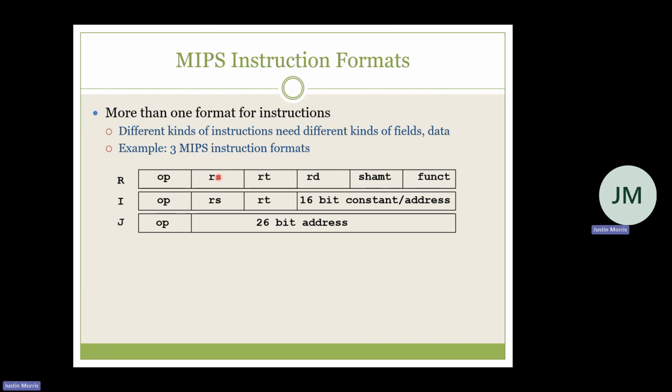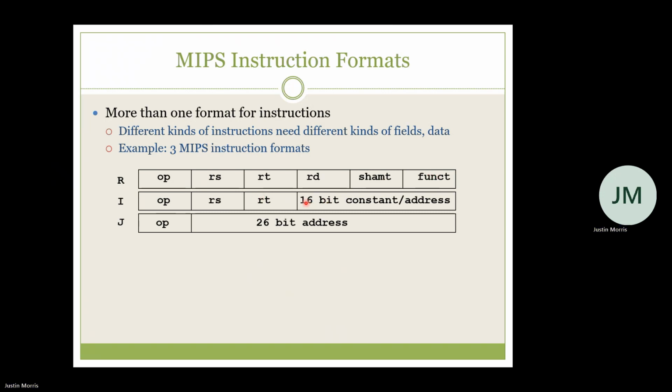And then we have more uniformity, like between the R and I type. We have RS and RT also in the same field, the same place. And then we have RD because we need a 3rd register for R types. Shamt is the shift amount for shifting. And again, funct code is to tell us what the function is.